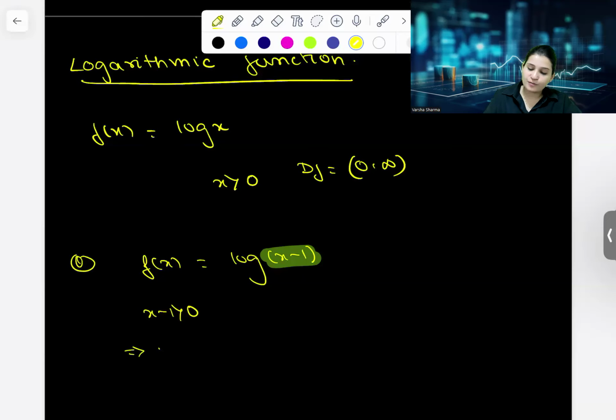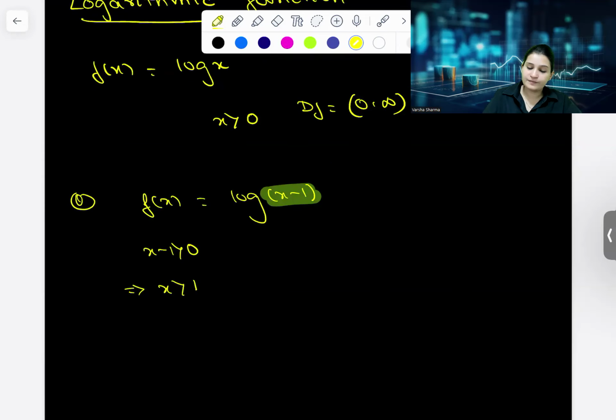That means x should be more than 1. Yes or no? Yes. So domain will be 1 to infinity, from 1, any number greater than.